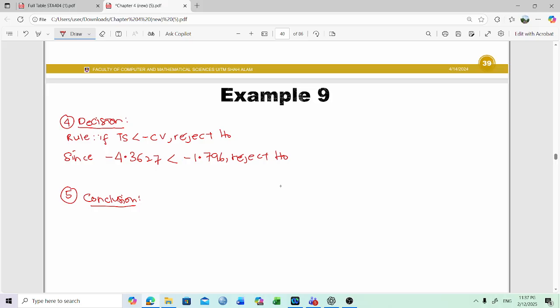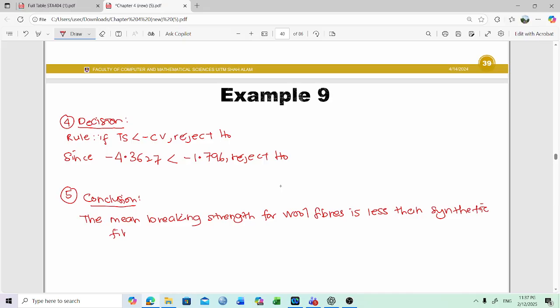Therefore, we can conclude that the mean breaking strength for wool fiber is less than synthetic fibers.